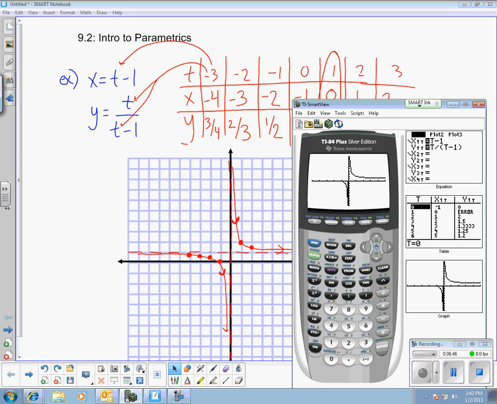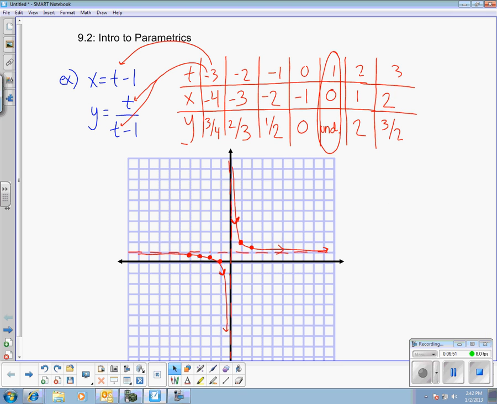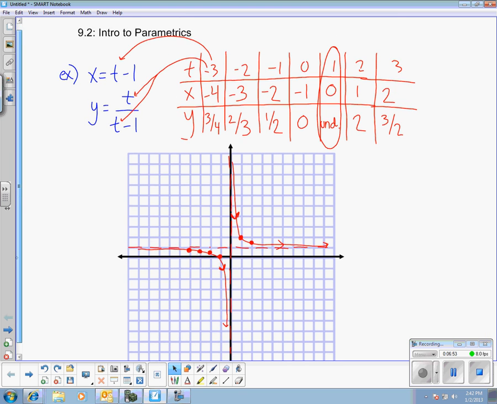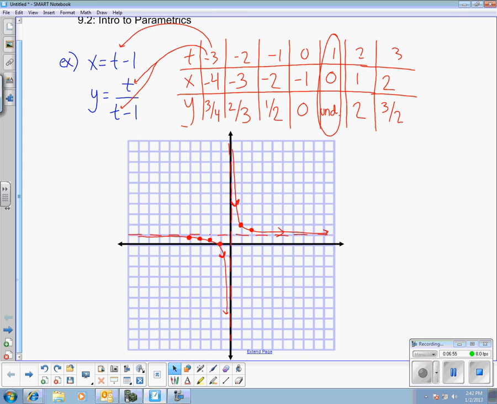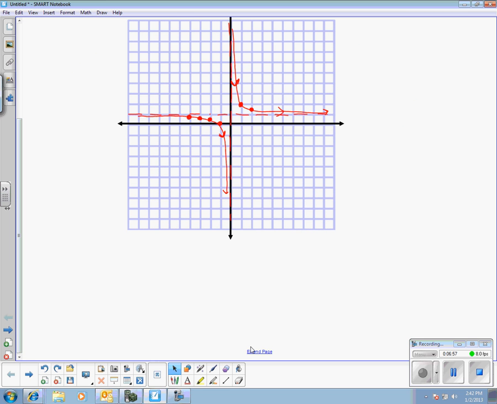All right, next, you can convert between normal, or what's called a rectangular equation, just a good old-fashioned xy equation, and parametric equations.